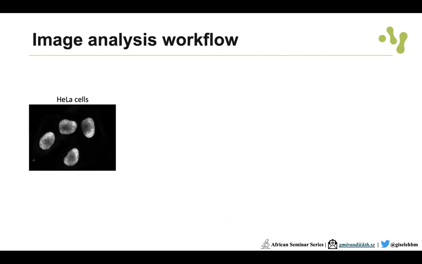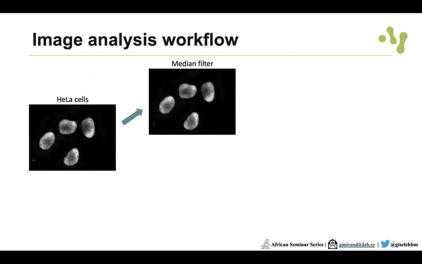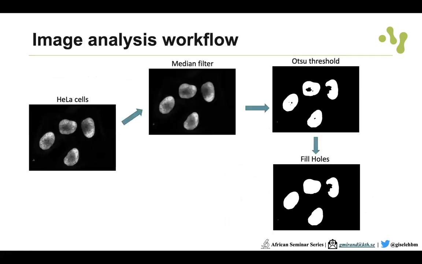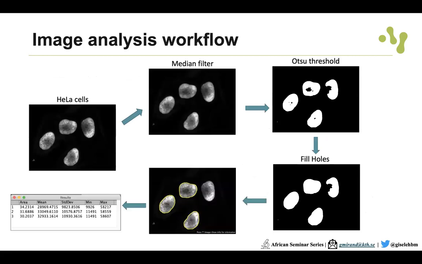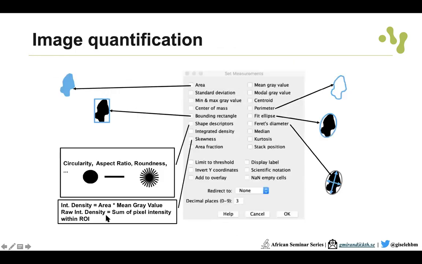So we can summarize our workflow by filtering, thresholding, post-processing the mask, and finally quantifying our objects. Here we have measures such as area, mean, standard deviation, min, and max. But we can have different groups of measures.